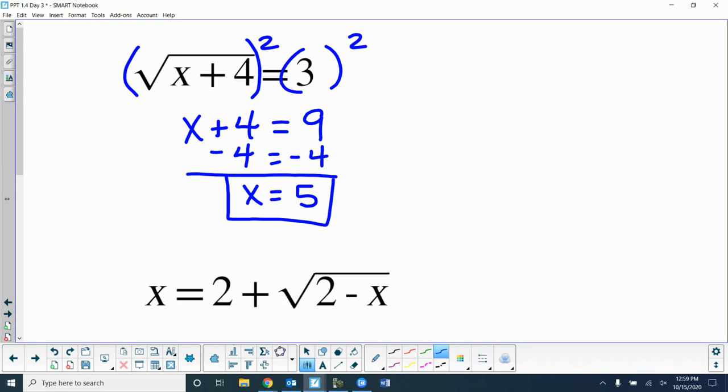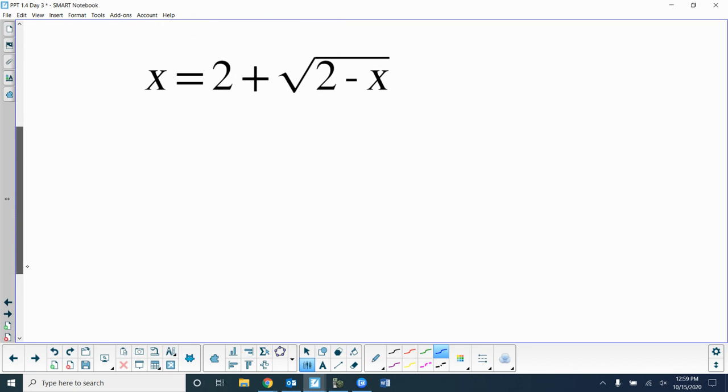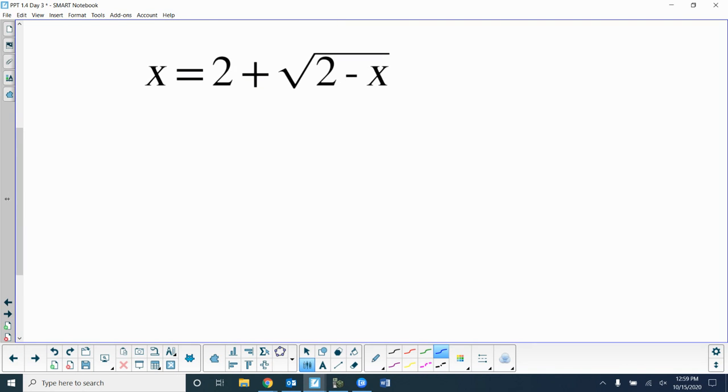So remember, the square root part, like this one, has to be alone on one side. Everything else has to be on the other side before you can square both sides. So what do I got to do first for this second example? Subtract the 2, right? Got to get the square root part, that 2 minus x part, alone. So just leave it on the right side. Let's bring the 2 over to the left side.